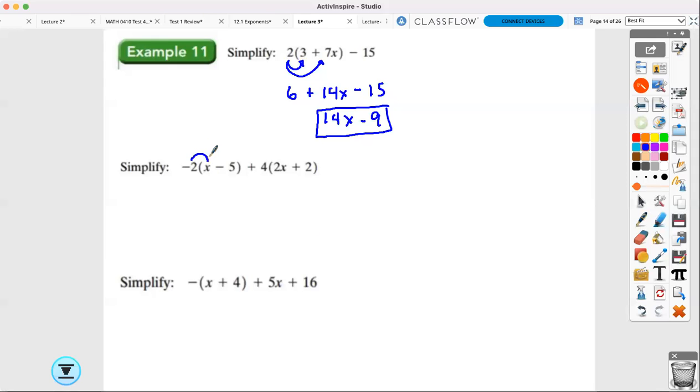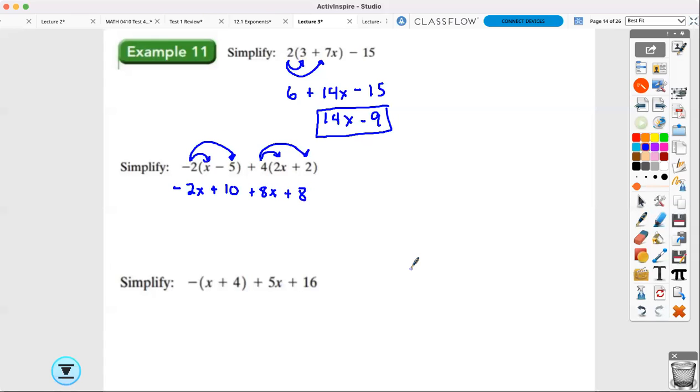The -2 to the x, the -2 to the -5, the 4 to the 2x, and the 4 to the 2. So -2 times x is -2x. -2 times -5 is a plus 10. +4 times 2x is 8x. 4 times 2 is 8.